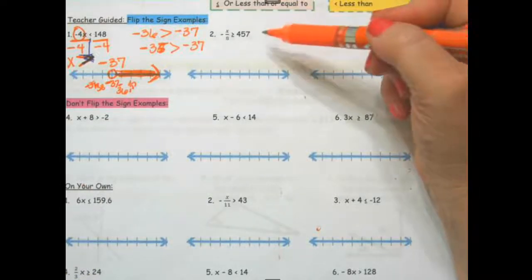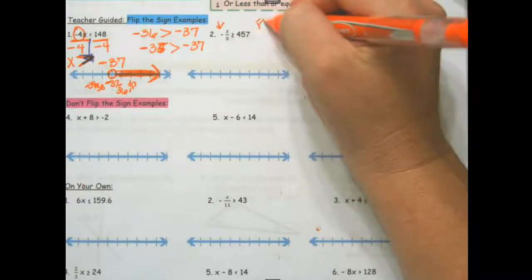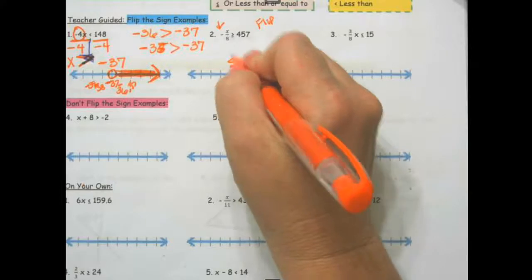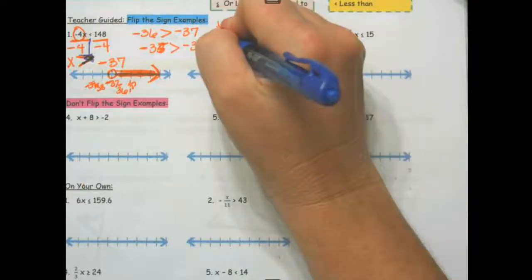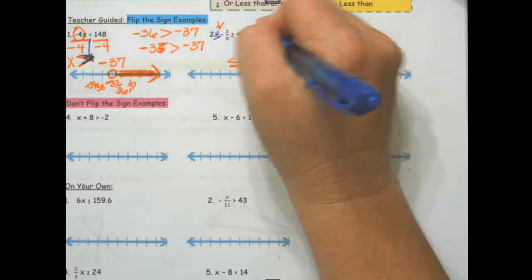Okay, number 2. You are dividing by a negative, so you are going to flip. So this one will be going this way. I flip this. This is a division, so I'm going to multiply by a negative 8. If I multiply by a negative 8 on this side, I have to multiply by a negative 8 on this side.